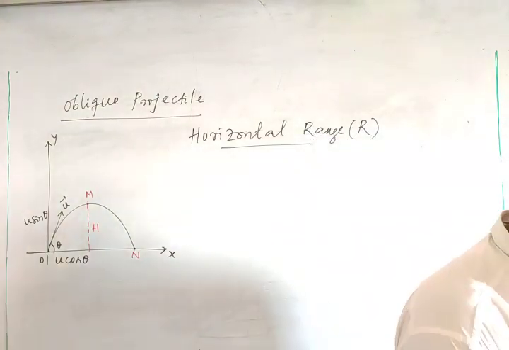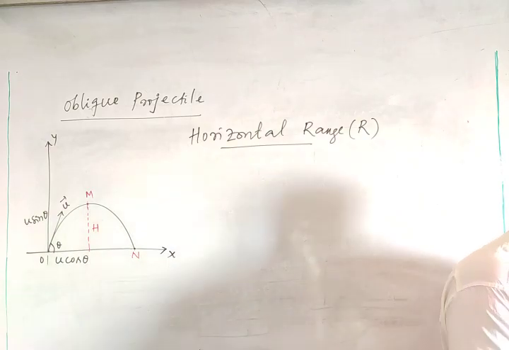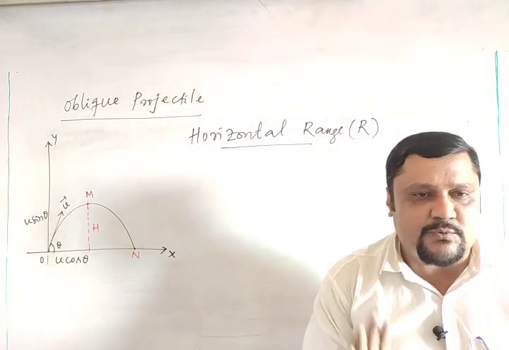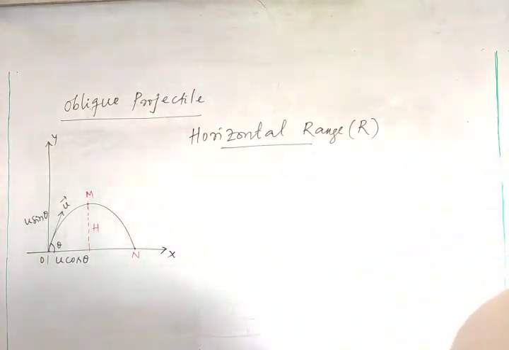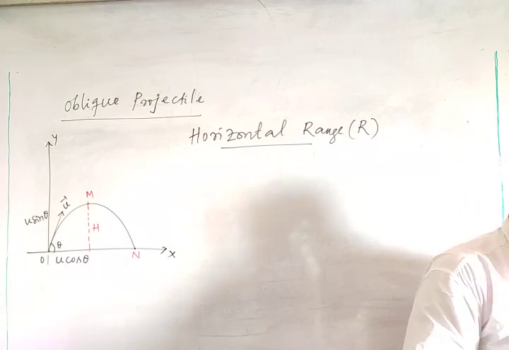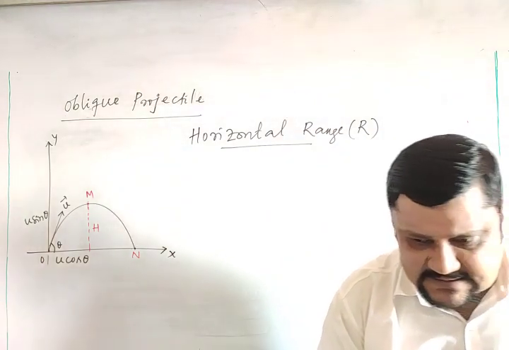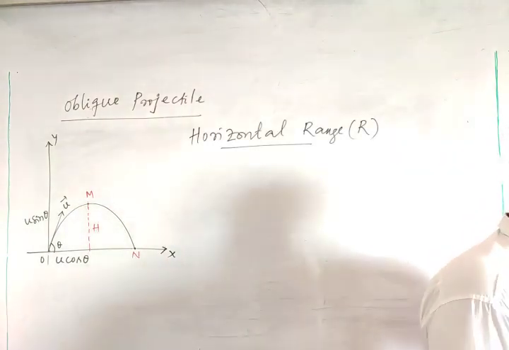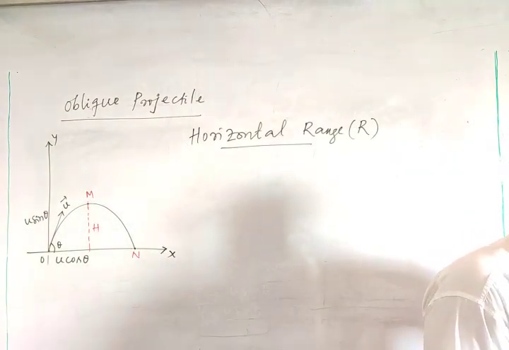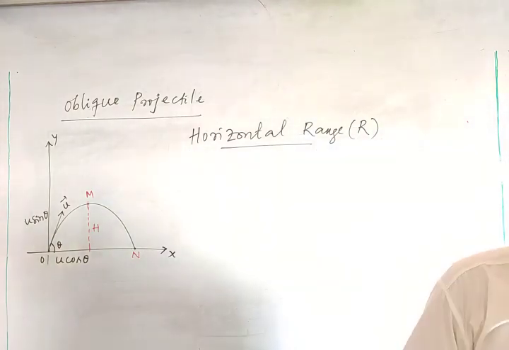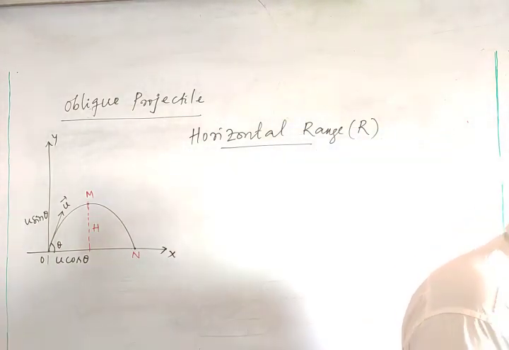In order to calculate this horizontal range, we shall consider the horizontal motion of the projectile, because we are calculating the horizontal distance R. The horizontal motion is uniform motion and it takes place with a constant velocity.